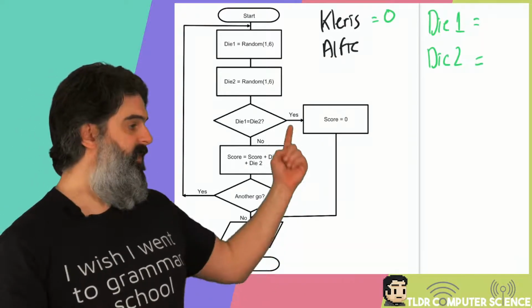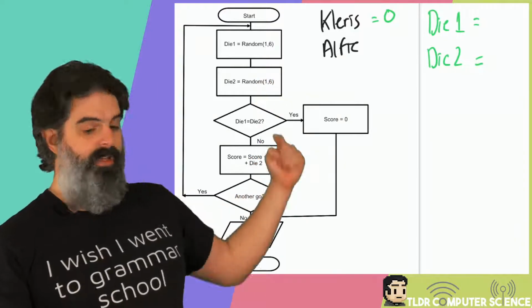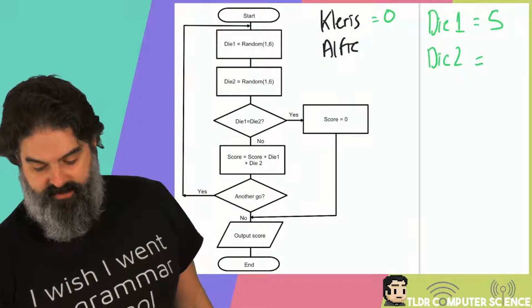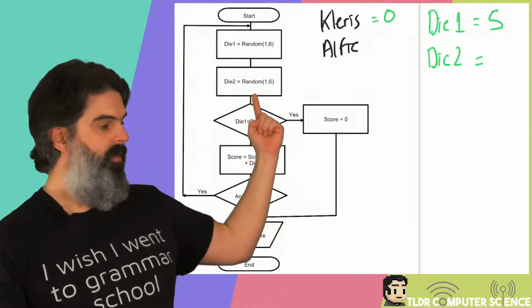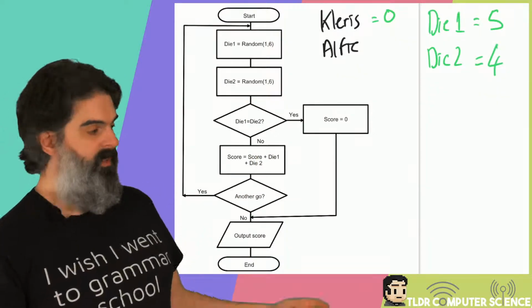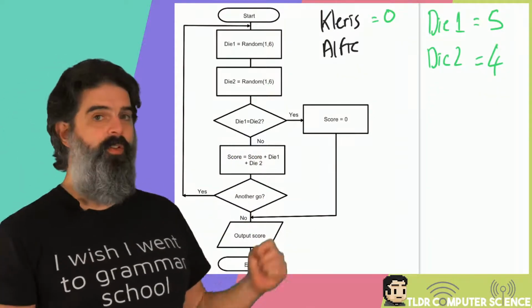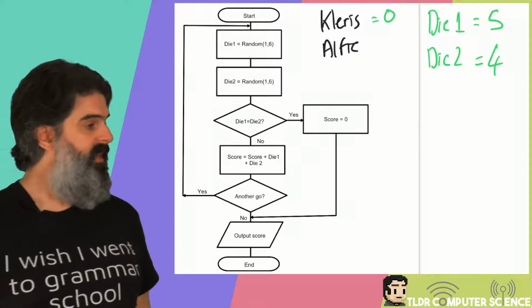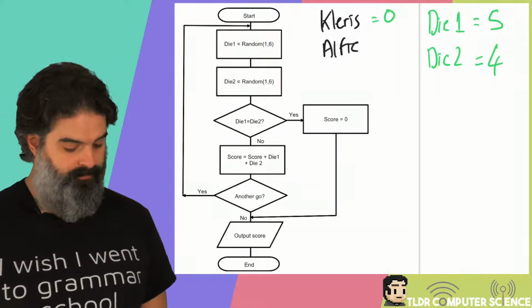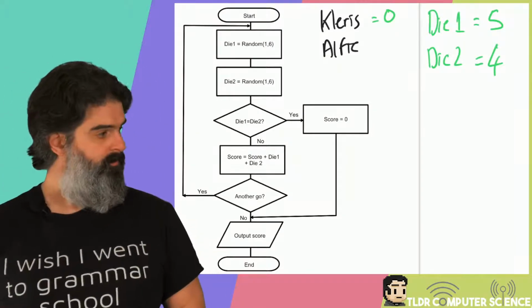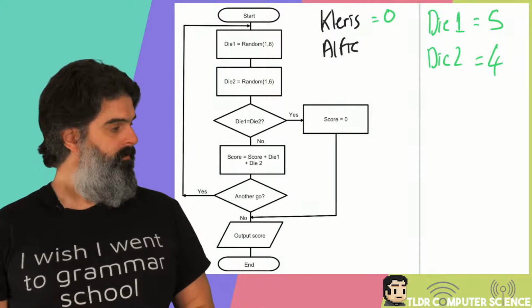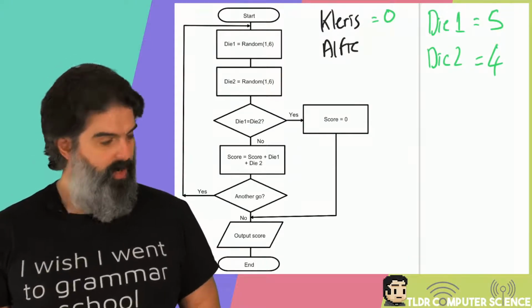Now Alfie's going to play the game. He rolls the first dice, and he rolls a 5. And then this time he rolls a 4. Is 5 equal to 4, Alfie? Is die 1 equal to die 2? No, exactly.